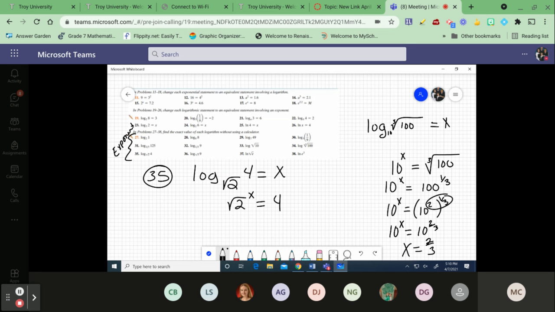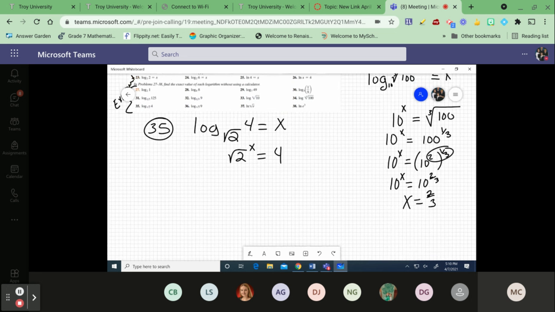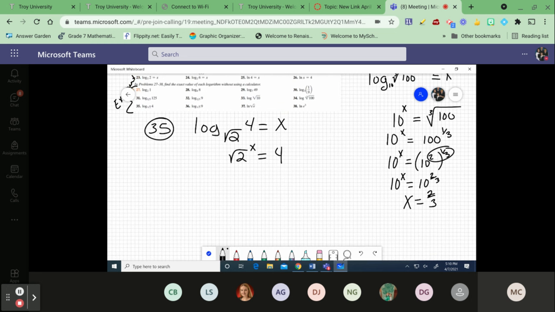So how would I change that square root of 2 to the x? What do I get when I multiply 1/2 times x?